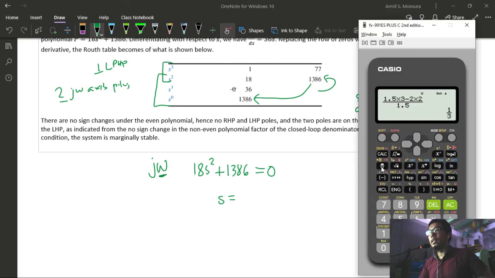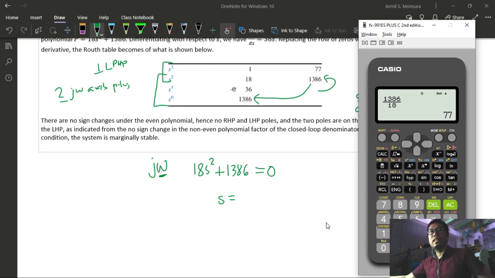So, that should have your s to be, yung s natin magiging square root siya ng negative 1386 divided by 18. Kasi hindi siya naka-complex, pwedeng i-negative j na lang natin yan. So that becomes 1386 divided by 18, so that should be 77.